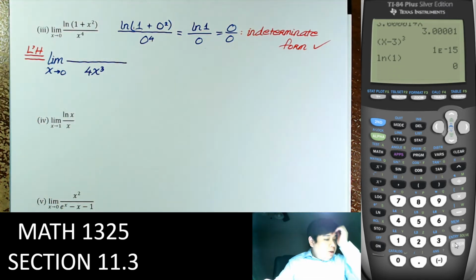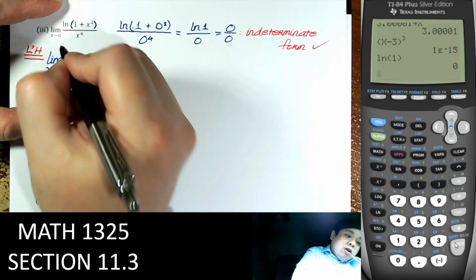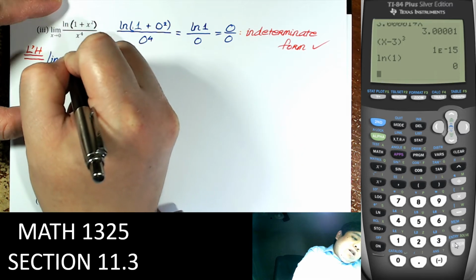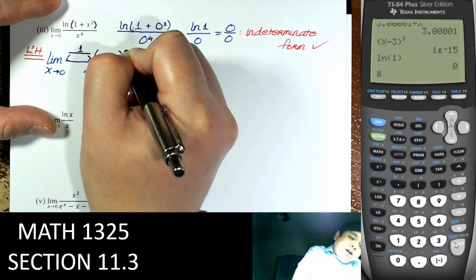Now on the top, we have ln of something. The derivative of ln of something is 1 over that, parentheses, and then the derivative of the parentheses.